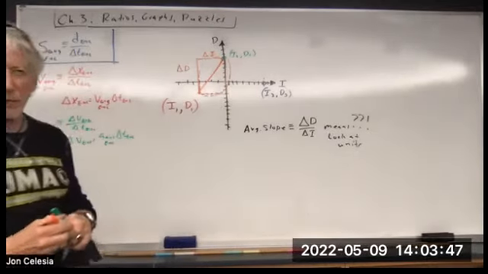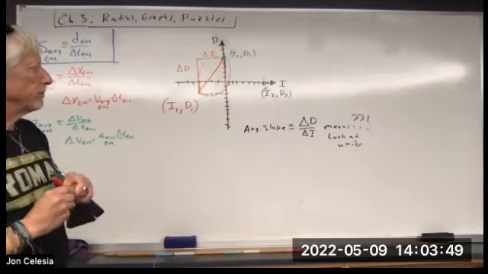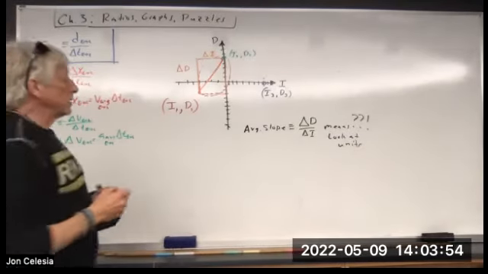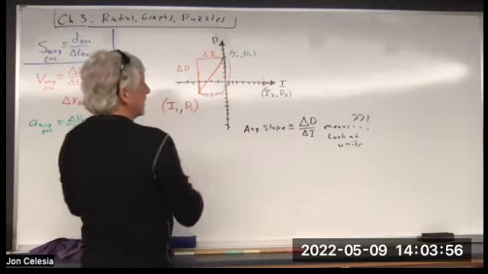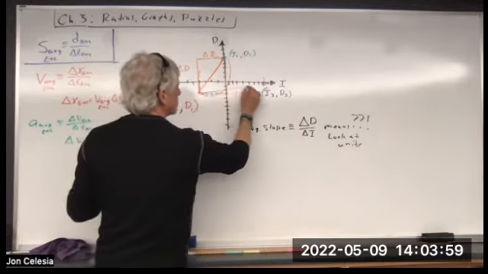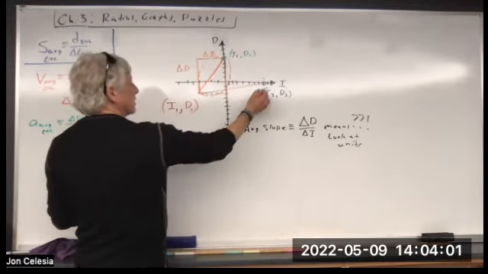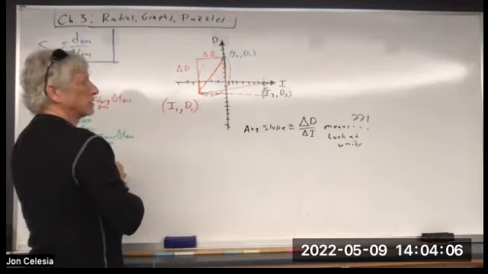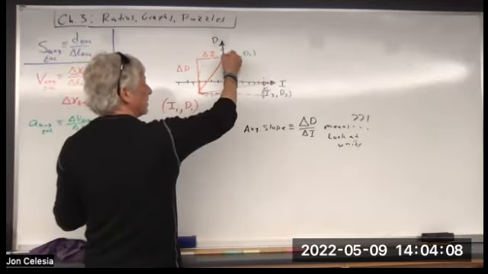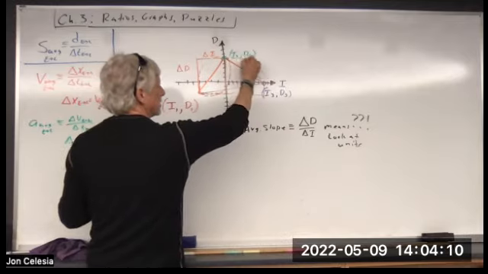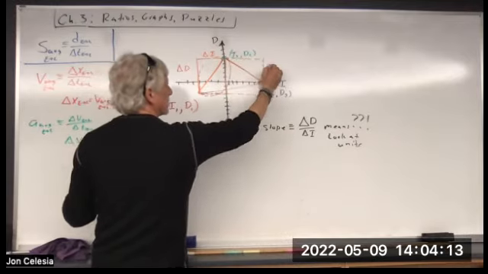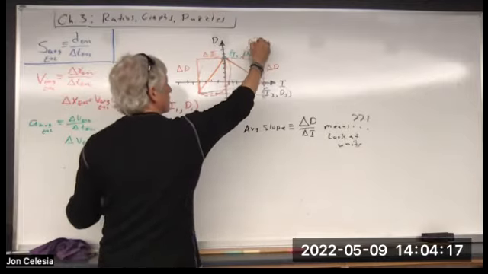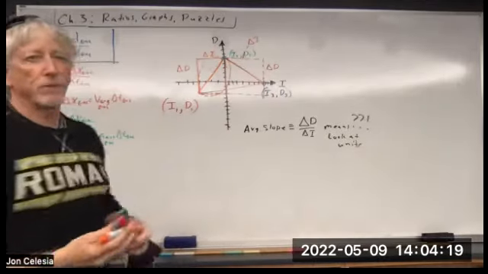That's the average slope. If I did from here to here, then the average slope would be the change in D over the change in I. And from here to here, it'd be like this, change in D, which would be negative, over the change in I. So we just see it.